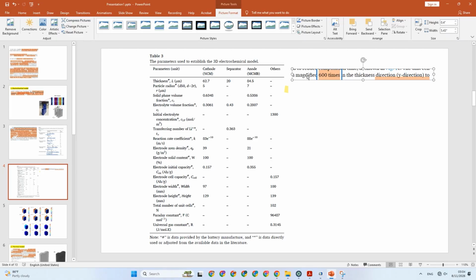Every paper is like a secret, and we must find the clues to reveal the secret of that. 600 times, it means it must multiply to 600.